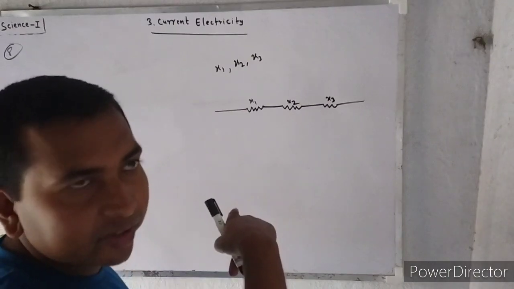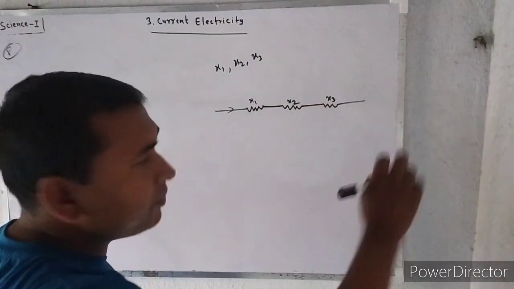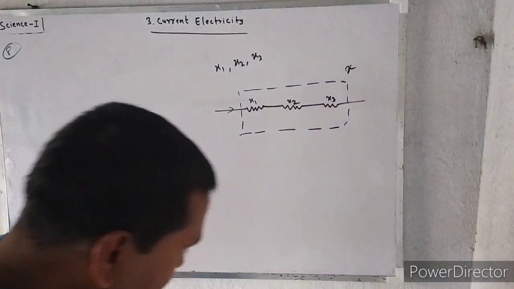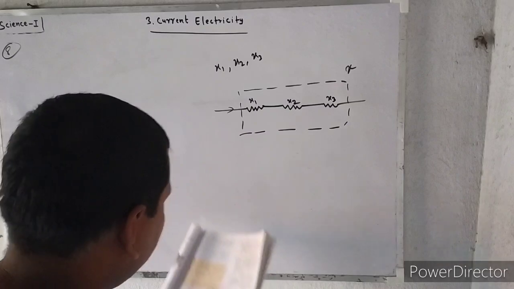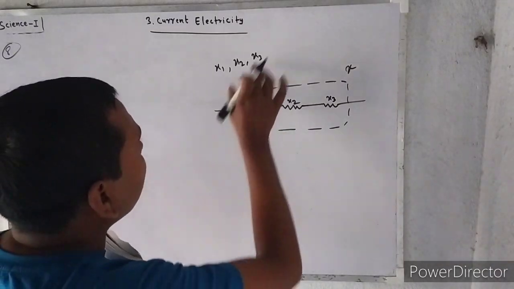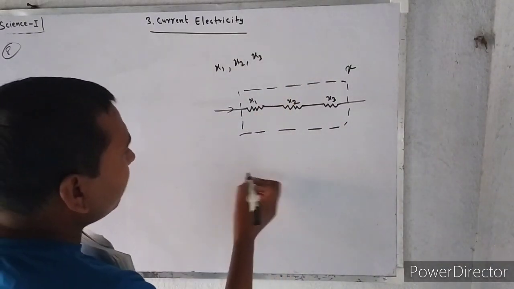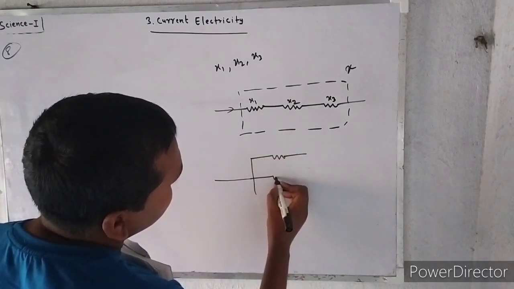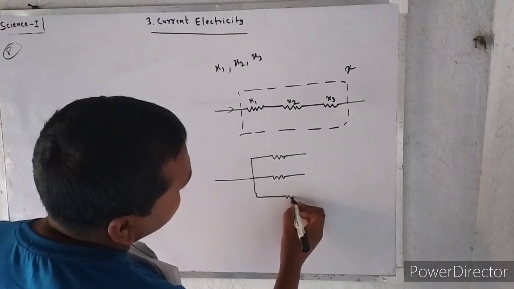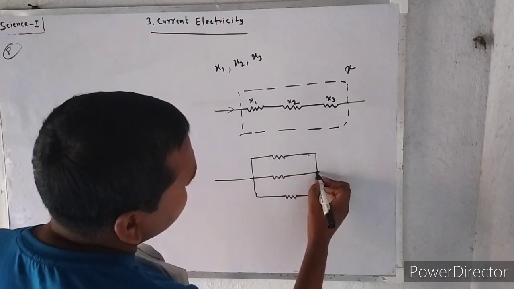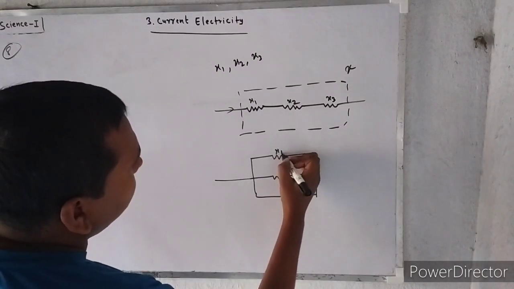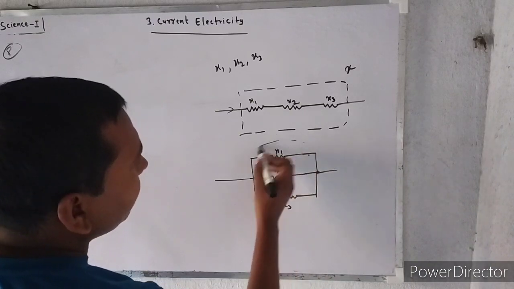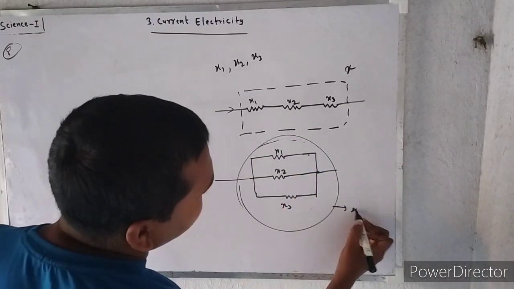Of course this is a series combination, because in series combination current remains the same. Here the effective resistance is given as X. One more, we can connect all three resistances in parallel combination like this. So this is X1, this is X2 and this is X3, and the effective resistance is X.